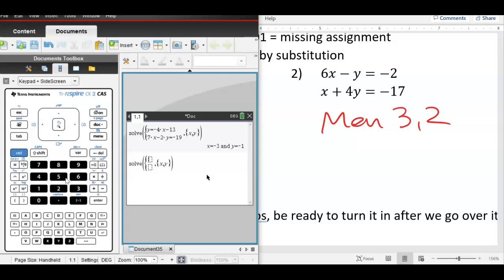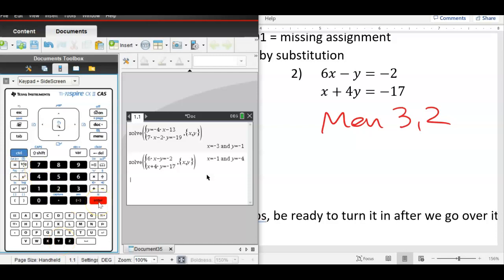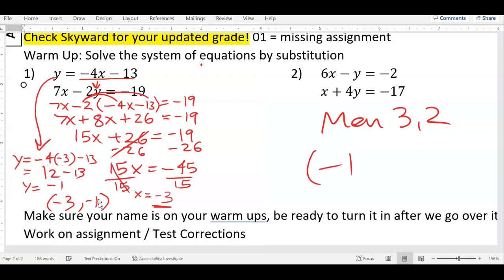Dang, that might not work actually. All right, so 6x minus y equals negative 2, go down, x plus 4y equals negative 17. Okay, I typed it in. I got my ordered pair, negative 1 and negative 4.